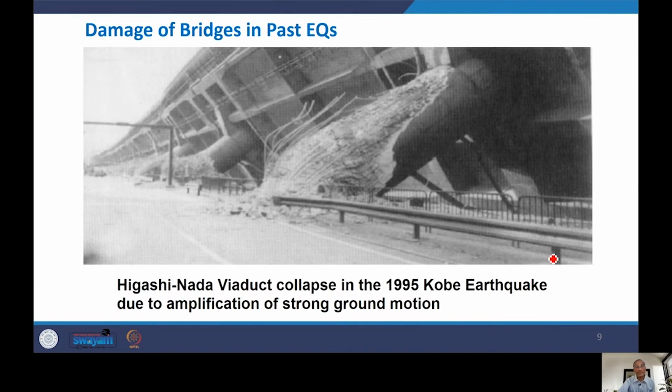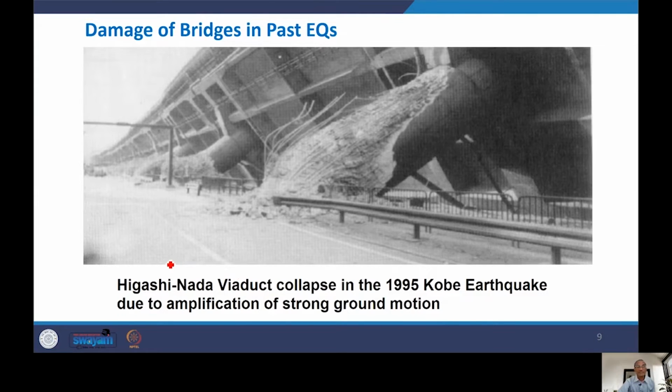Then you have another example here, which is the Higashi-Nada viaduct collapse, again from the 1995 Kobe earthquake. In this case you can see the reinforcement clearly, and that means the cover is totally exposed.